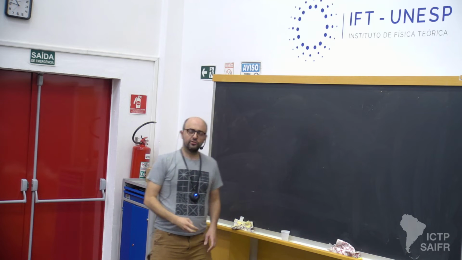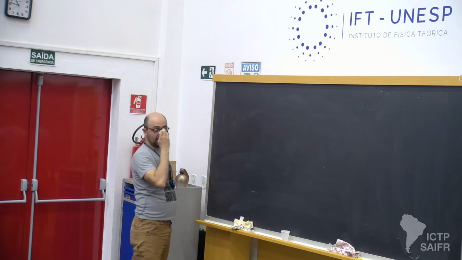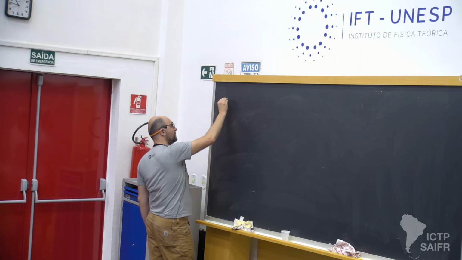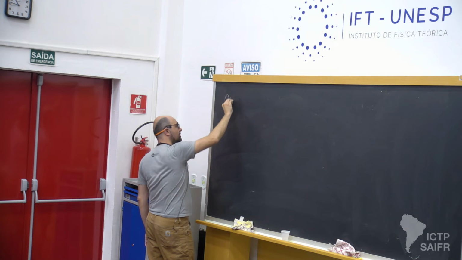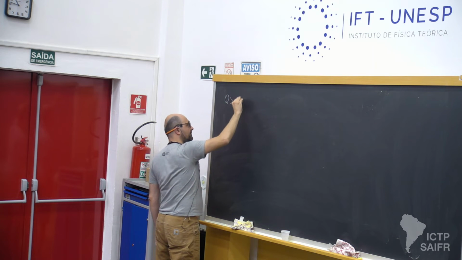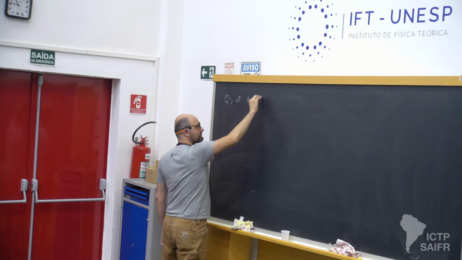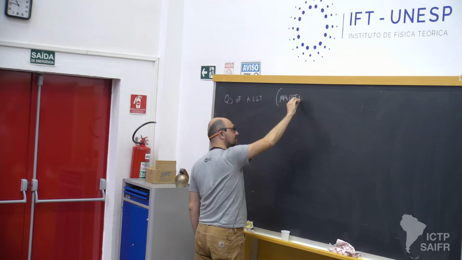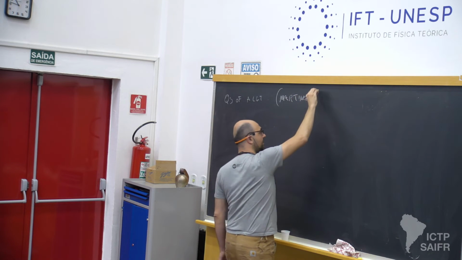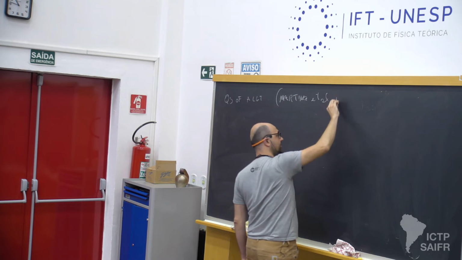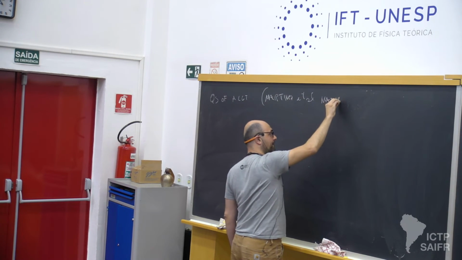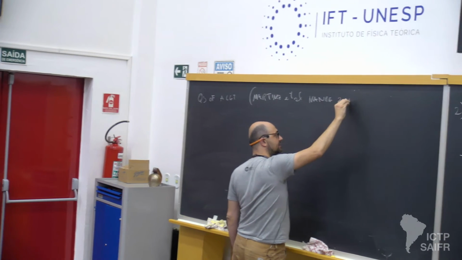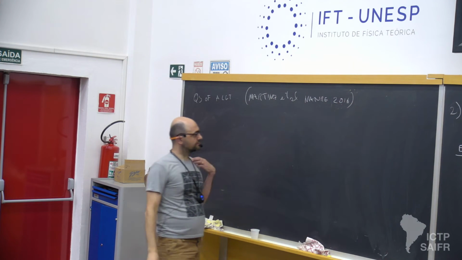No. Okay. So now what we will describe is what I say is the first experiment where people did the quantum simulation of a gauge theory. This was in the group of Rainer Blatt, by Esteban Martinez et al., in Nature 2016.